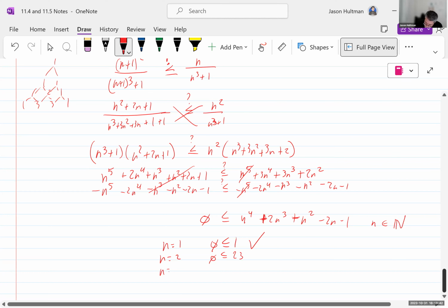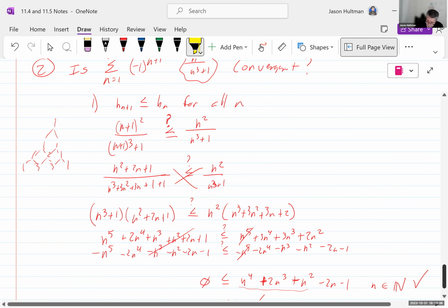And you can see very quickly that this thing is always going to be positive. You could do another one, but it's going to be even more positive because we have 3 terms that are positive. And so yes, this is true.